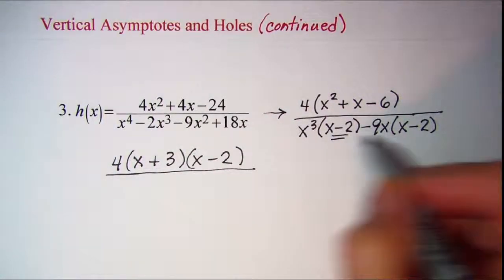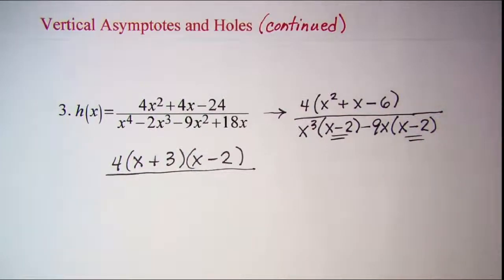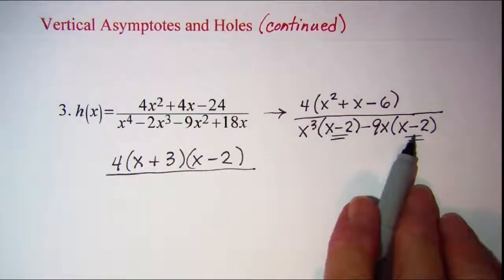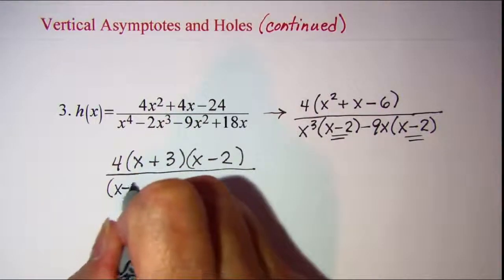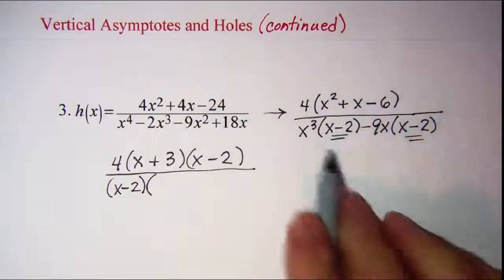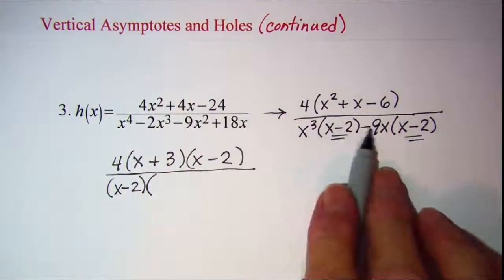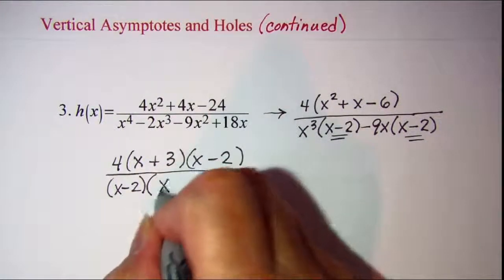Here I can see my x minus 2 binomial in both of these terms. So let me factor that out. And what I'm left with then is x cubed minus 9x.